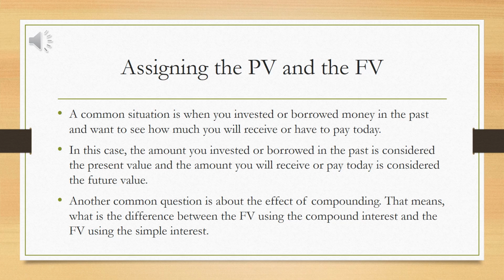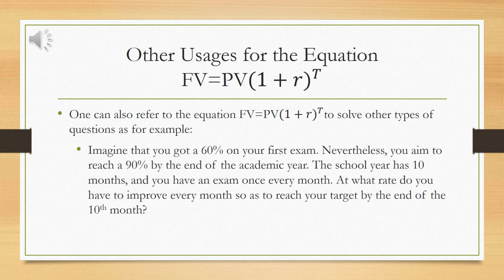Another common question is about the effect of compounding. That means, what is the difference between the future value using the compound interest and the future value using the simple interest?